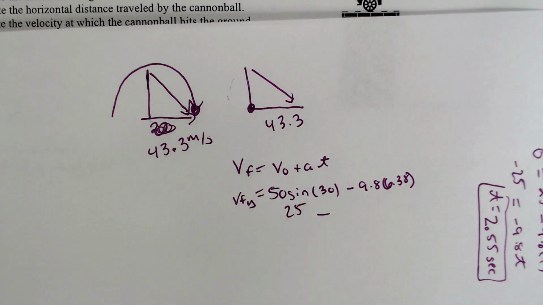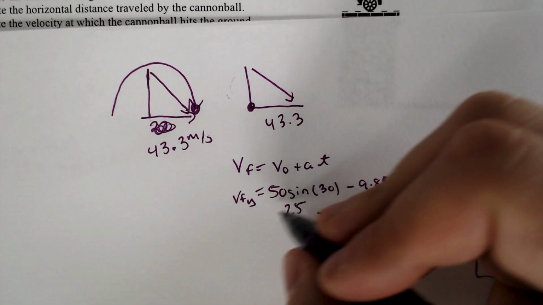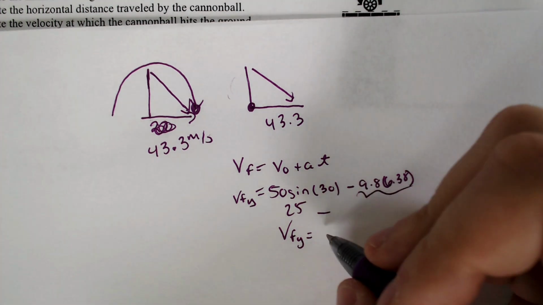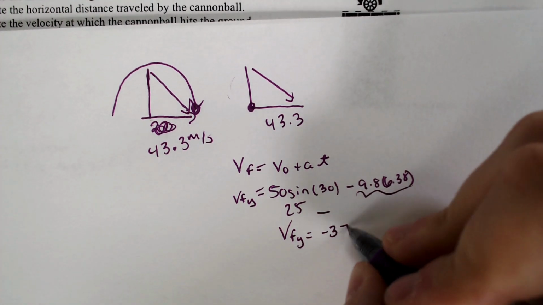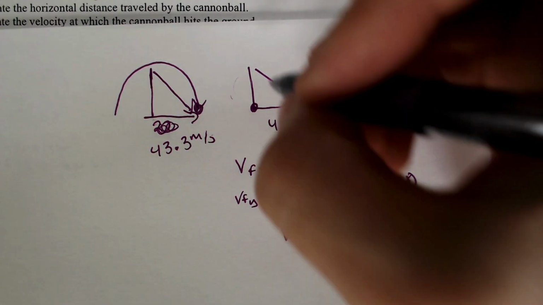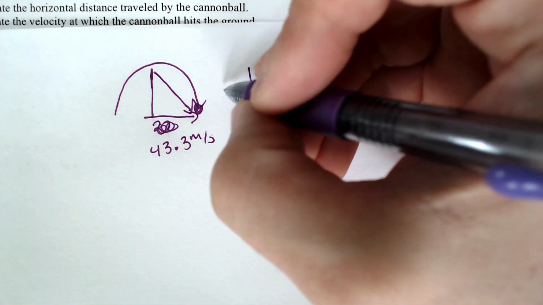I'm expecting this to be negative. I did that all in my calculator, and the final answer for Vy is negative 37.52, which should make sense because it's going down when it hits the ground.